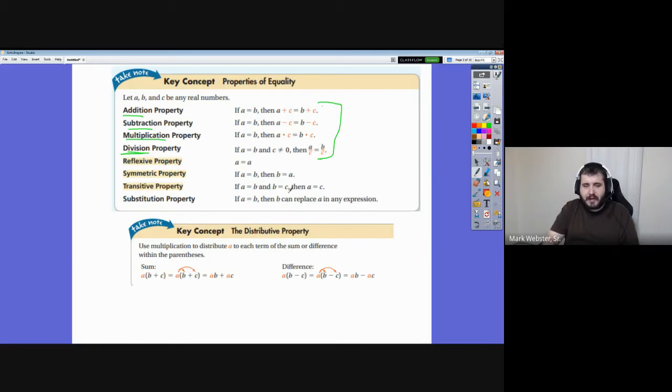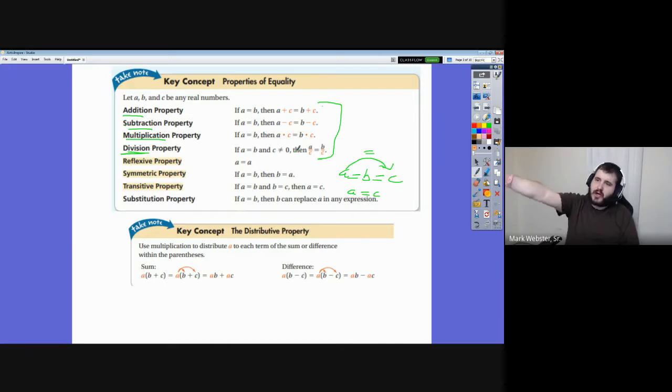If A equals B and B equals C, then A equals C, basically allowing us to say, hey, A equals B, which equals C, so now we can skip the middleman and go straight to A equals C. And again, that's for the equals equivalence, right? When we're talking about the equal sign, these two numbers are the same. But we can talk about that in terms of anything, right?